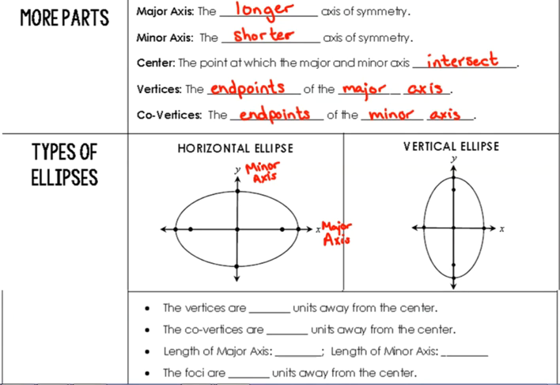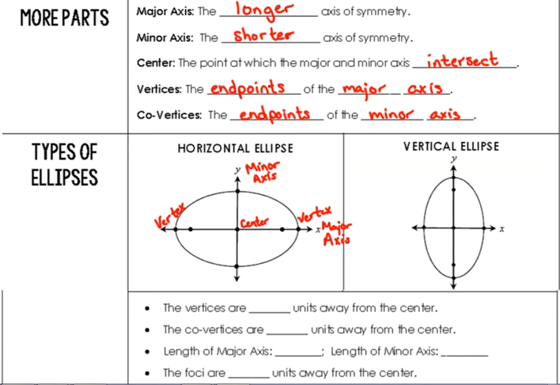So where those two axes intersect is the center. So here's the center, HK, or in this case, it's the origin. The vertices are on the major axis. So here's one vertex, here's the other vertex.